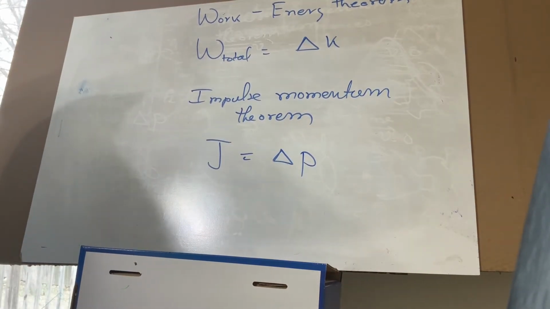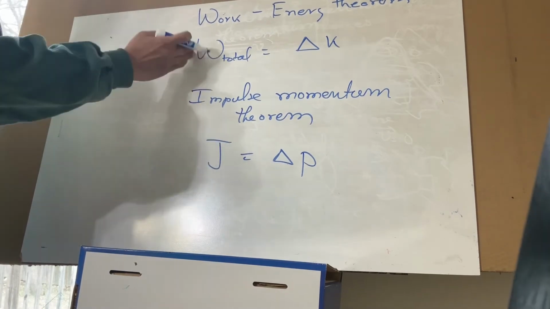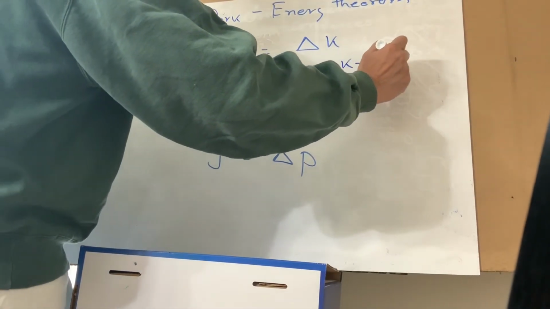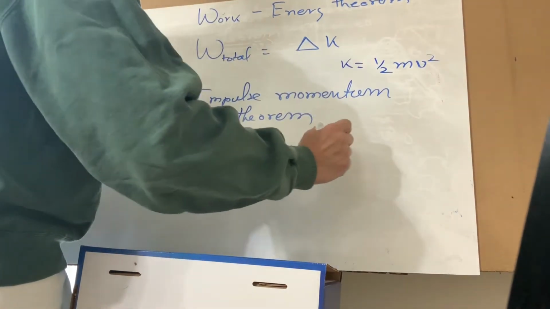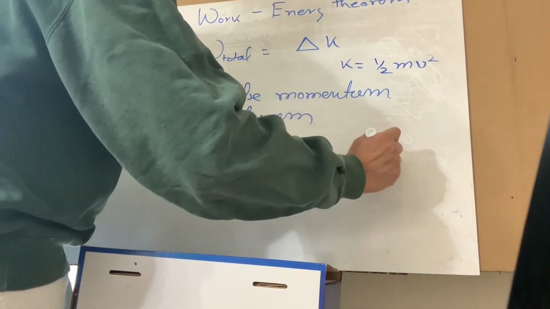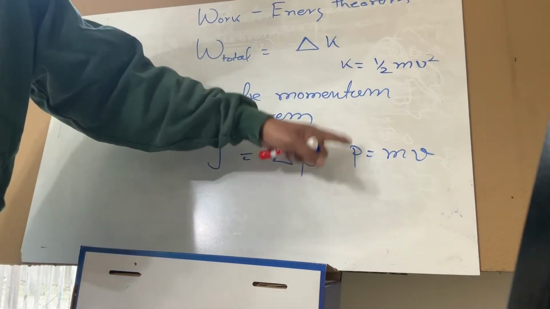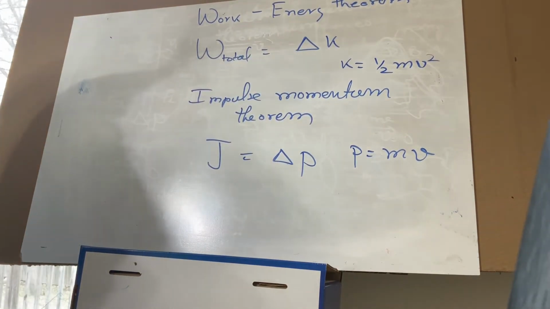So what's the difference between the two? We know that kinetic energy is 1/2 mv squared and momentum is m times v. So what's the difference between momentum and kinetic energy?